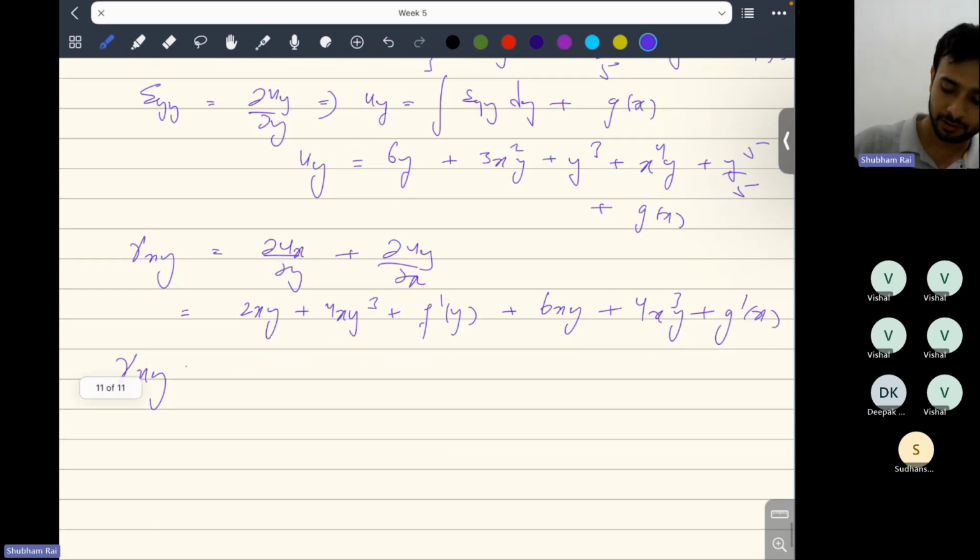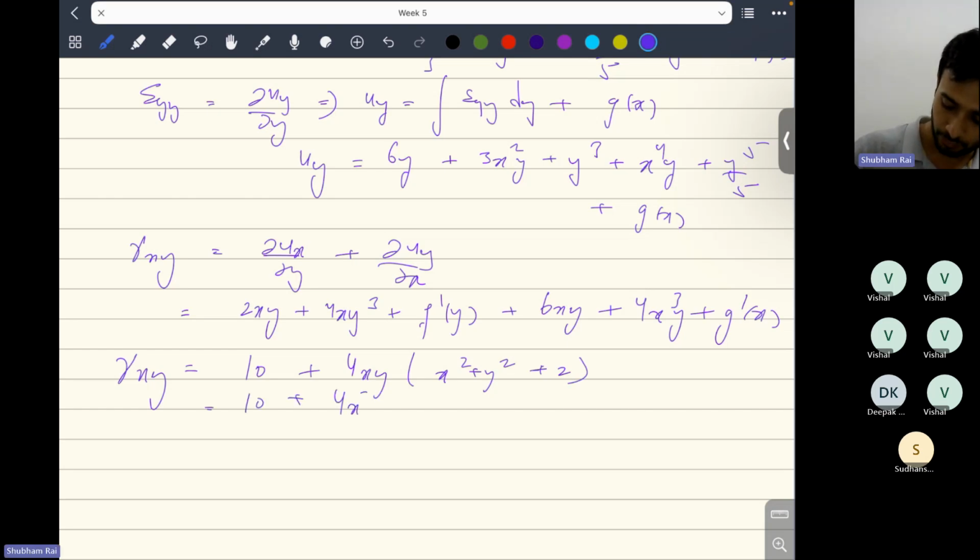The given gamma xy is 10 plus 4xy times x square plus y square plus 2. Now if you compare with this, let me just expand. So 10 plus 4x cube y plus 4xy cube plus 8xy, right?